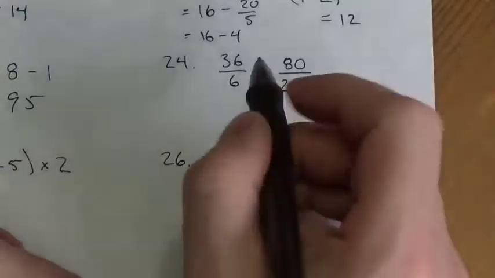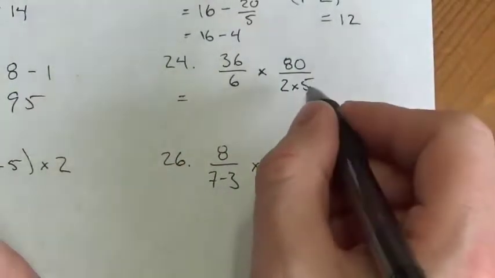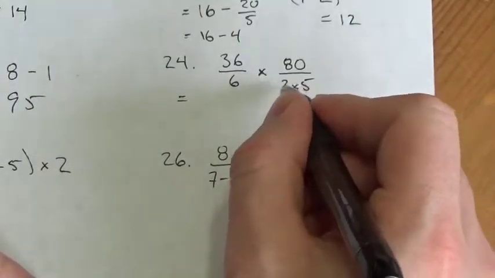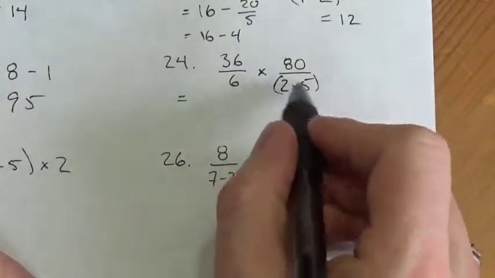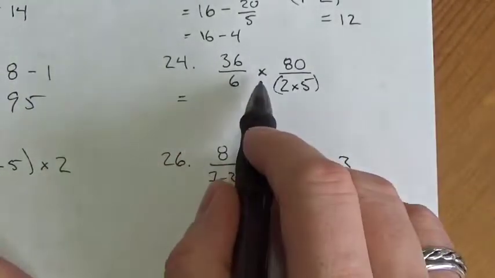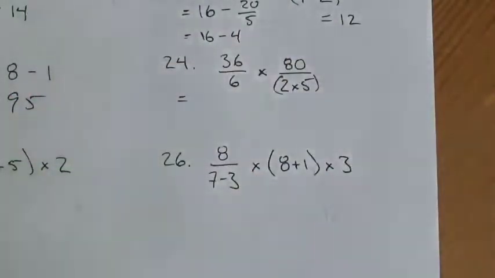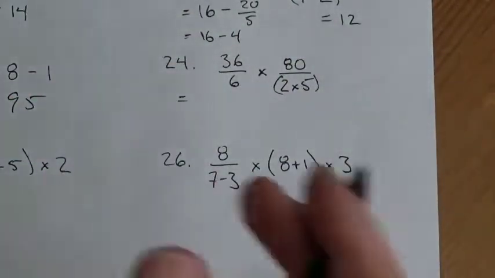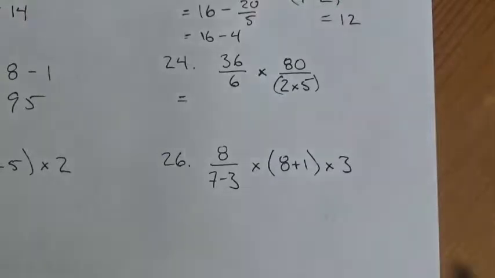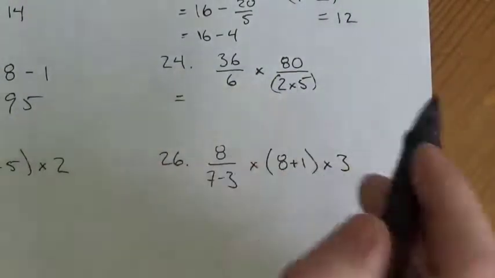All right. 36 divided by 6 multiplied by (80 divided by 2 times 5). Sorry, 2 times 5. Okay, again, I put parentheses around there because I want to do that first. Now, because I've got really just division and multiplication here, I can do this in a couple of different ways here. I could just multiply 36 by 80 and 6 by that 2 times 5 there.